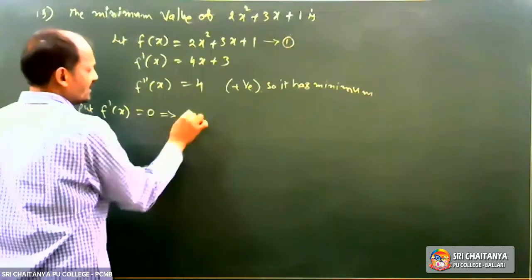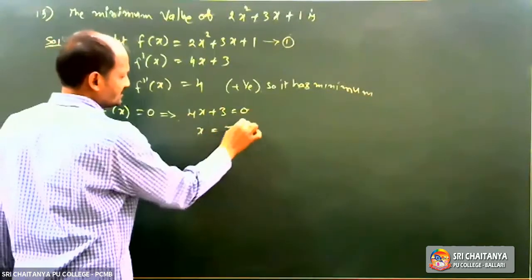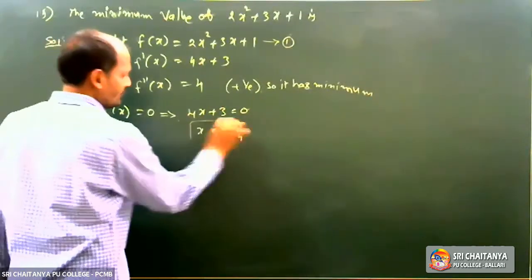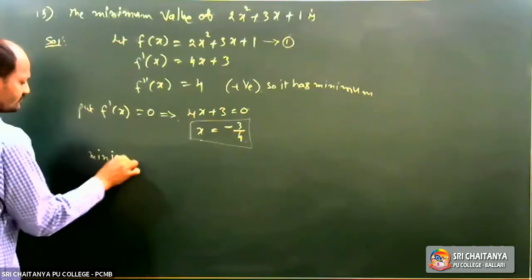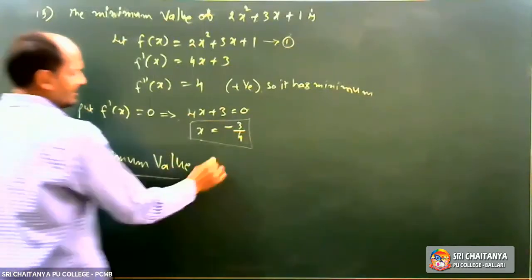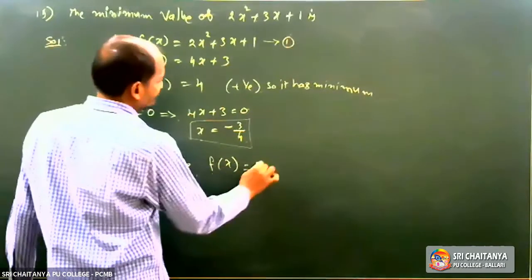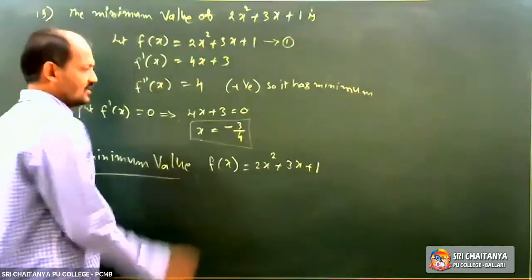That means 4x plus 3 is equal to 0, x is equal to minus 3 by 4. So the minimum value is f of x, that is 2x square plus 3x plus 1.